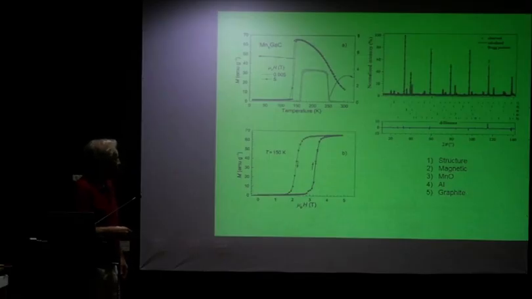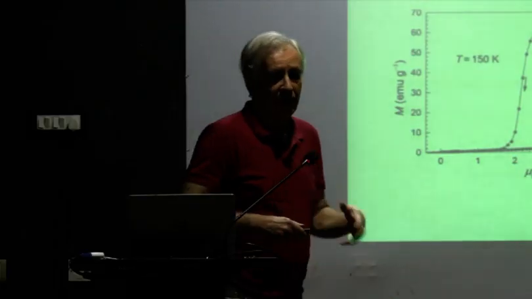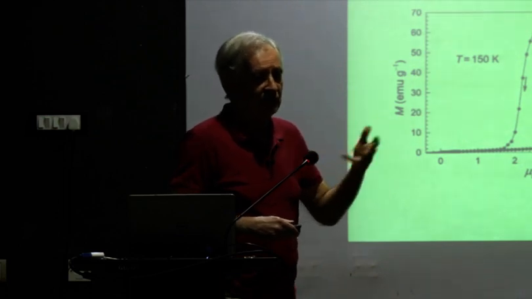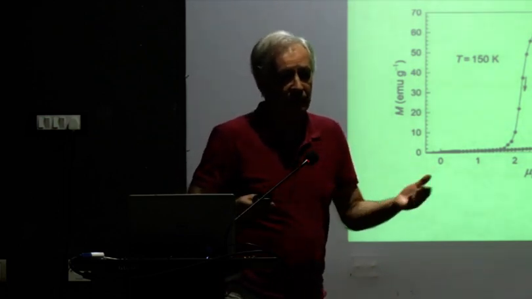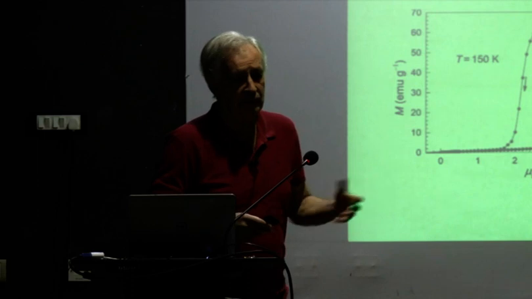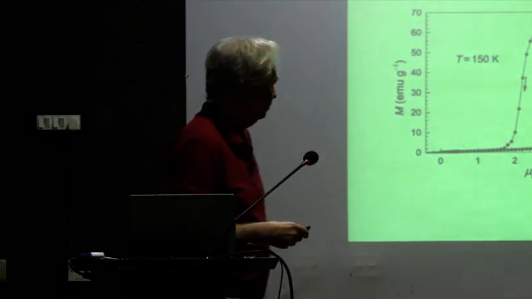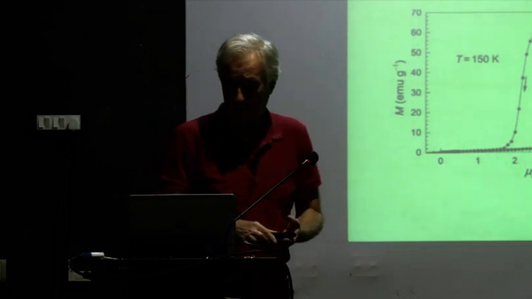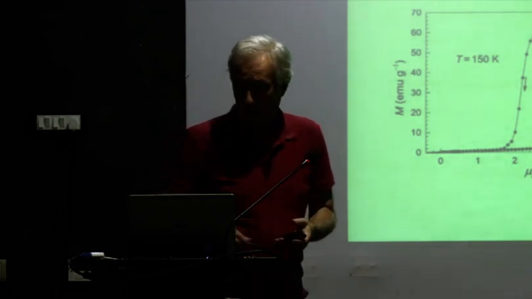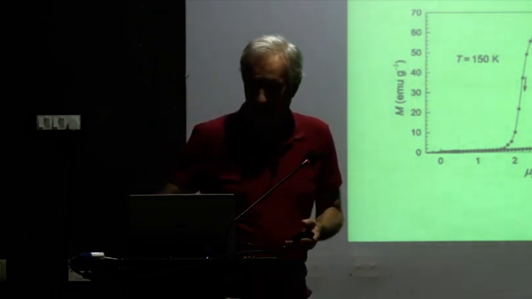And then we have some graphite. And the graphite, I think this particular peak, for example, is there because when you're preparing manganese 3 gallium carbon and things like that, you have some extra carbon in there, and that comes out as graphite. So graphite is something else that you cannot avoid, but it just sits there. It doesn't hurt.